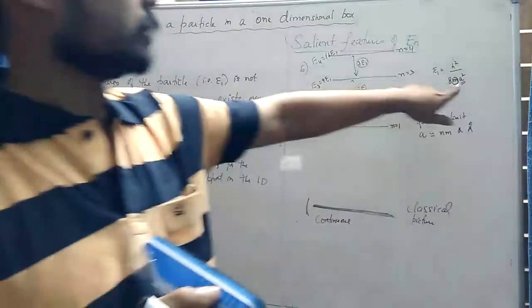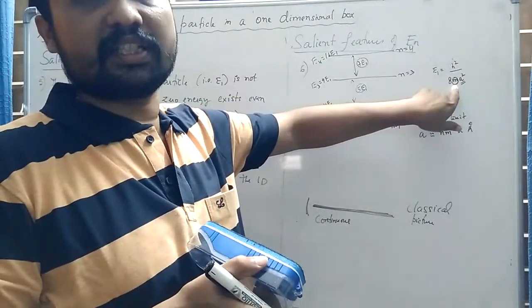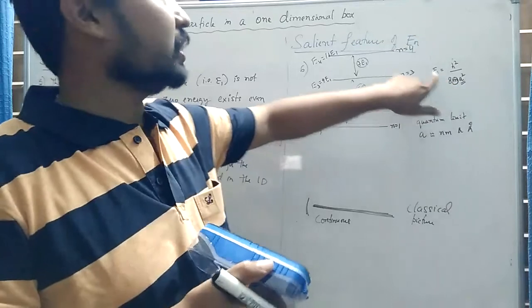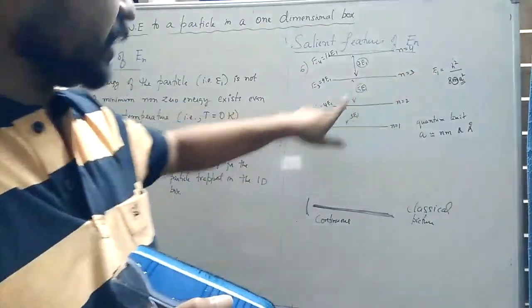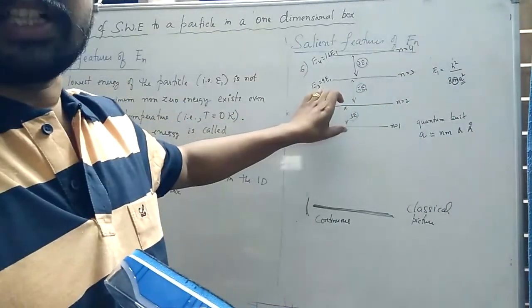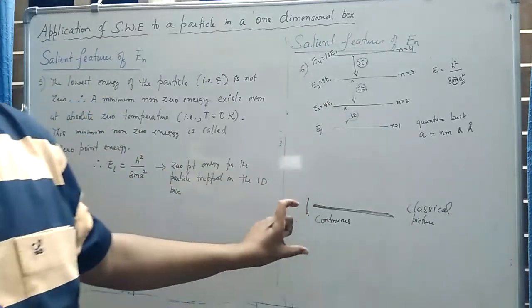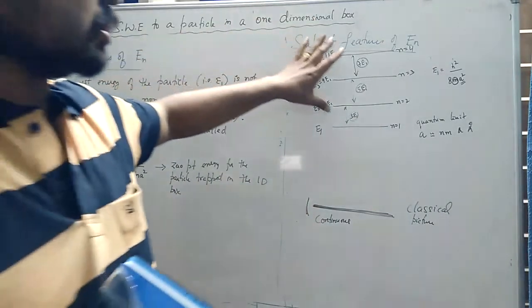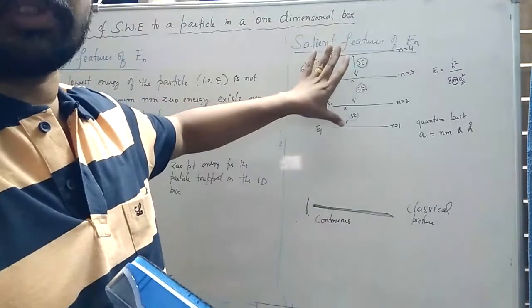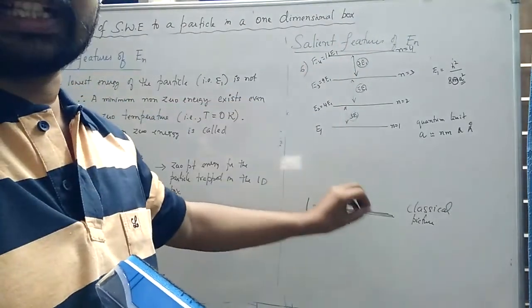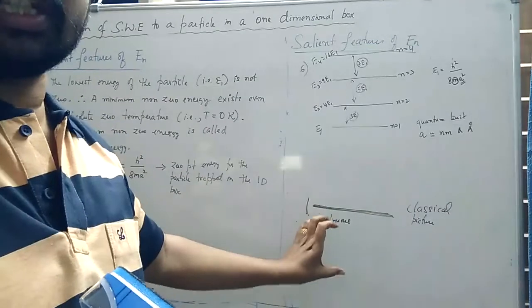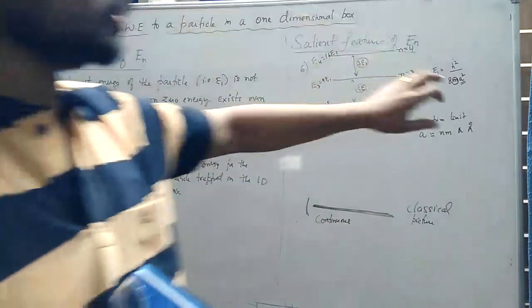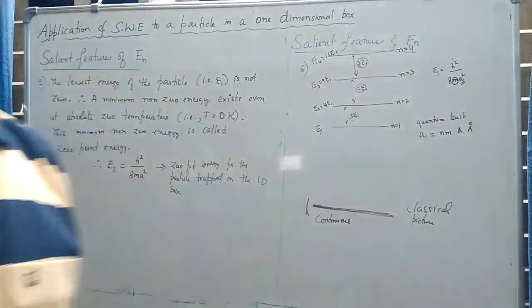Then, as this mass is in the denominator, if you increase the mass, the energy decreases, and again the spacing between the energy levels decreases, and again we reach this classical limit. So the quantum limit, that is the concept of quantization of energy, approaches the classical limit, that is, continuous energy, depending on the mass and the dimension of the box.